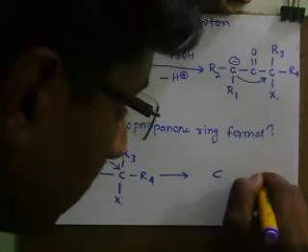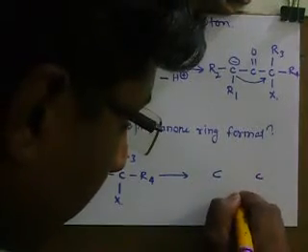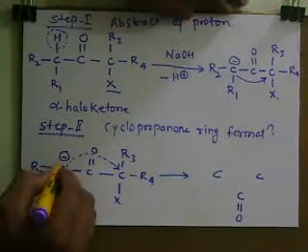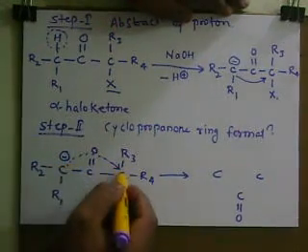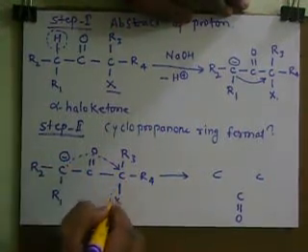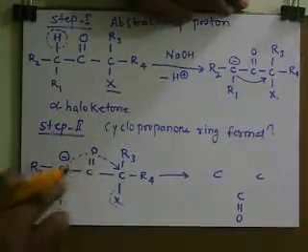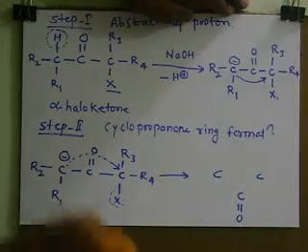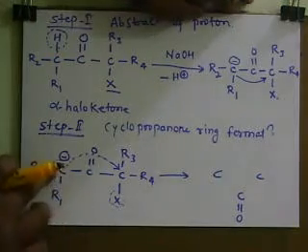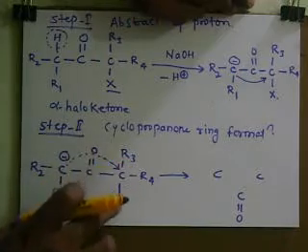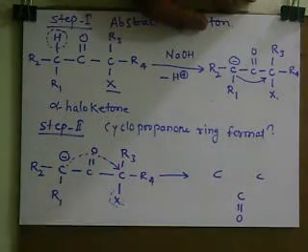So these 3 carbons, this is the doubly bonded carbon. Now while a new bond forms between these 2 carbons, the halogen present on this carbon will be released. Now these two steps take place simultaneously: formation of a new bond between these 2 carbons and breaking of this carbon halogen linkage or halogen bond.